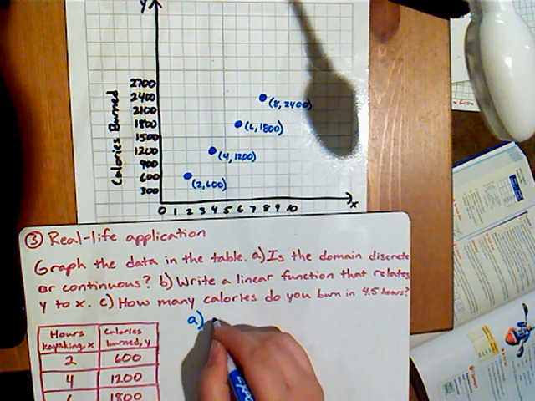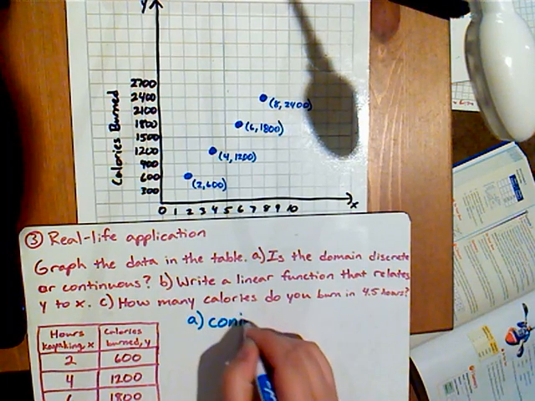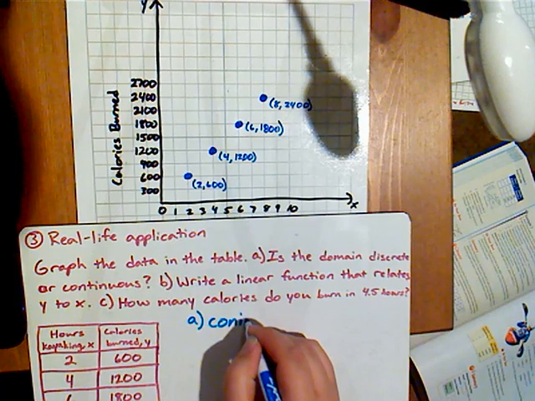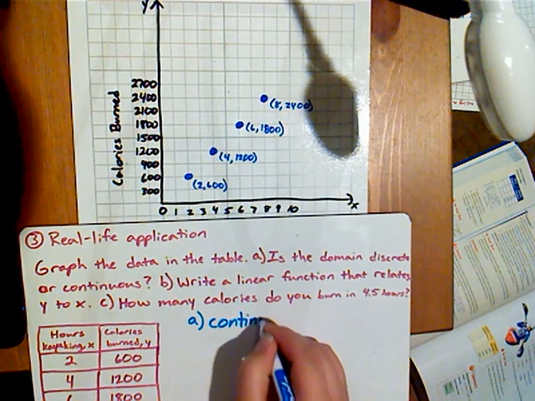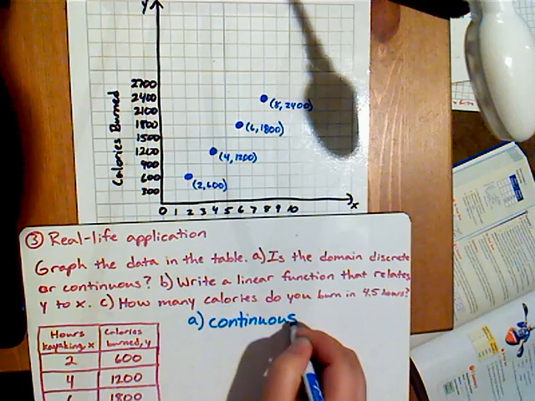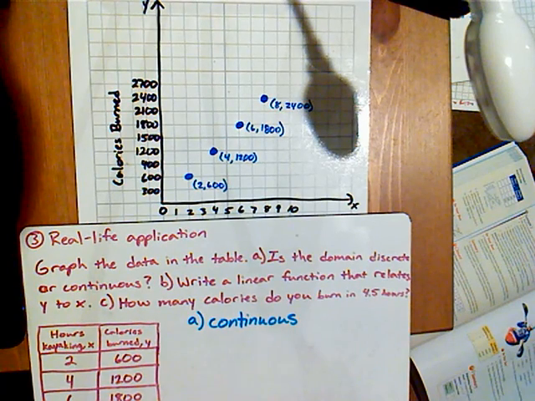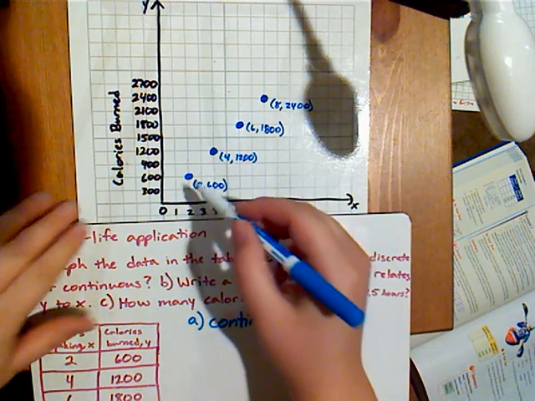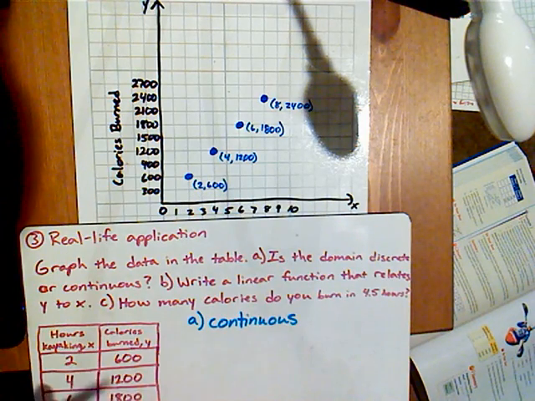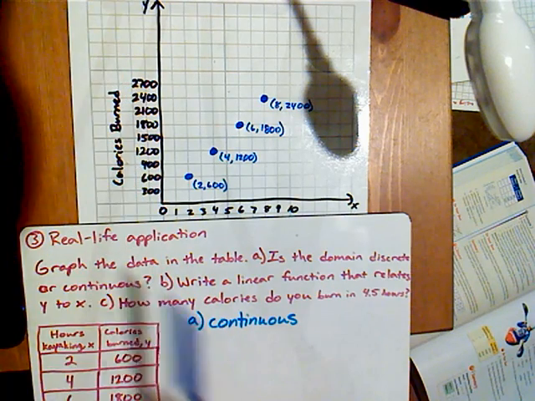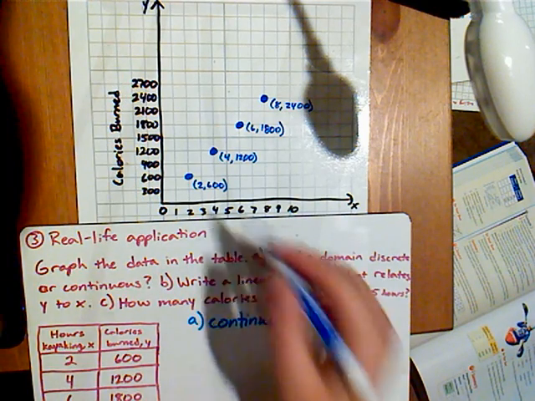So our domain is going to be continuous. And we can draw our line through our points.